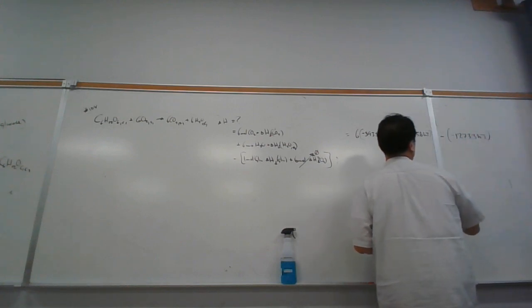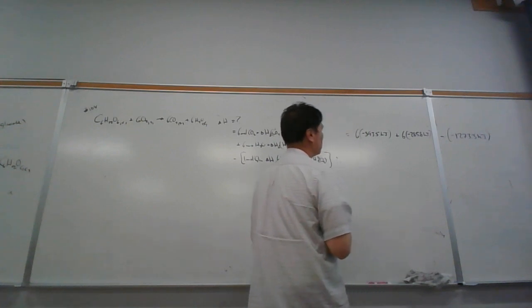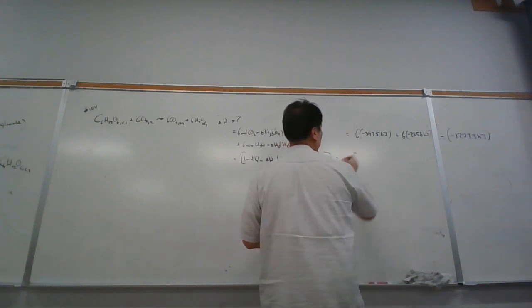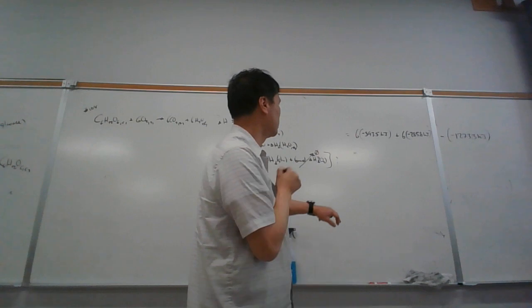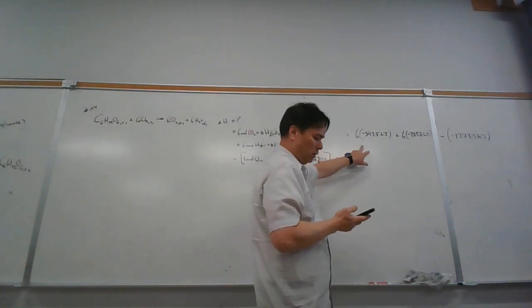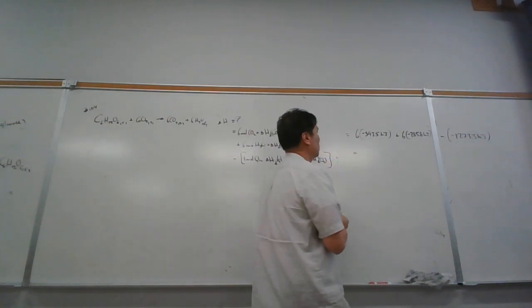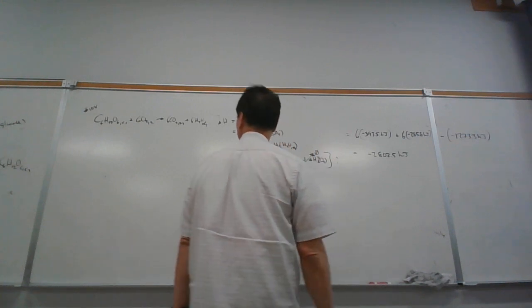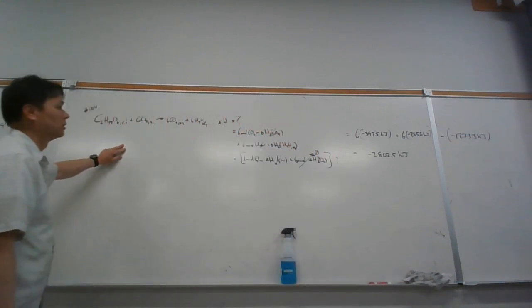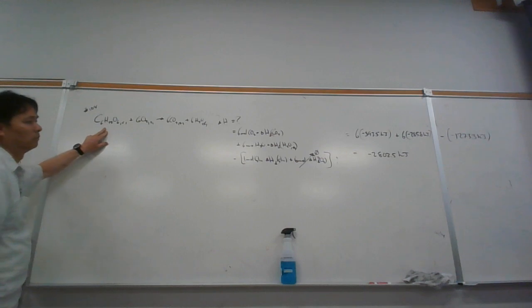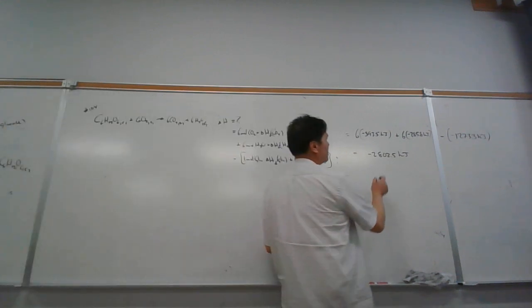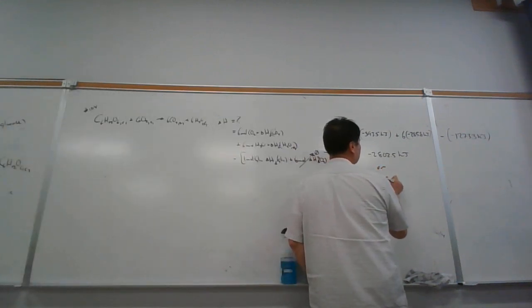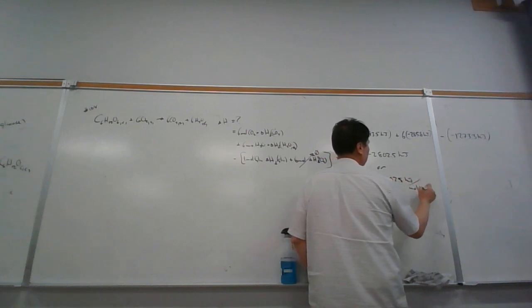We have 1 mole. So this is going to be plus. And so now we can figure out what delta H of combustion or delta H of this reaction is. Negative 2,802.5. We have 4 significant figures. Okay, that's good. Or we could say negative 2,802.5 kilojoules per mole glucose.